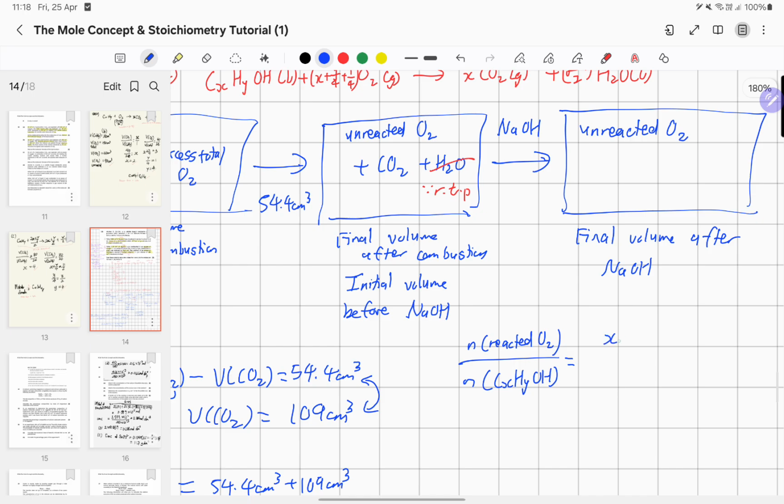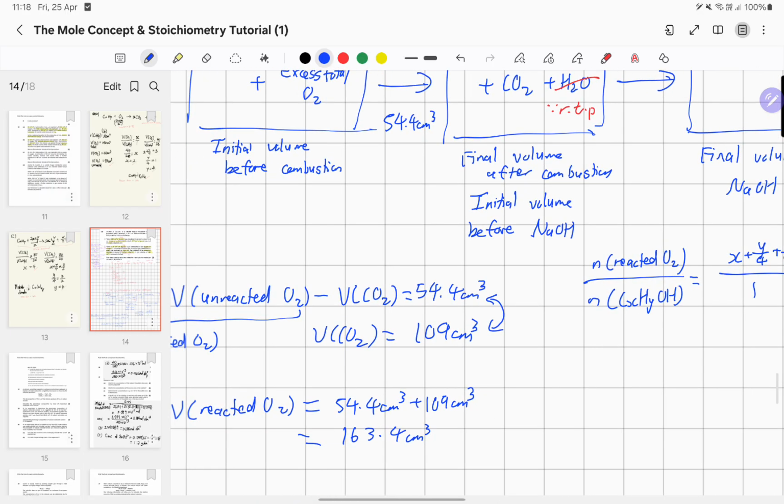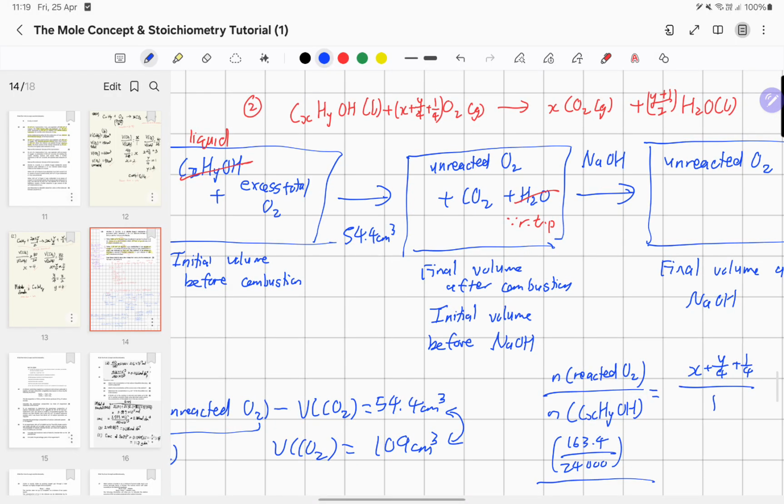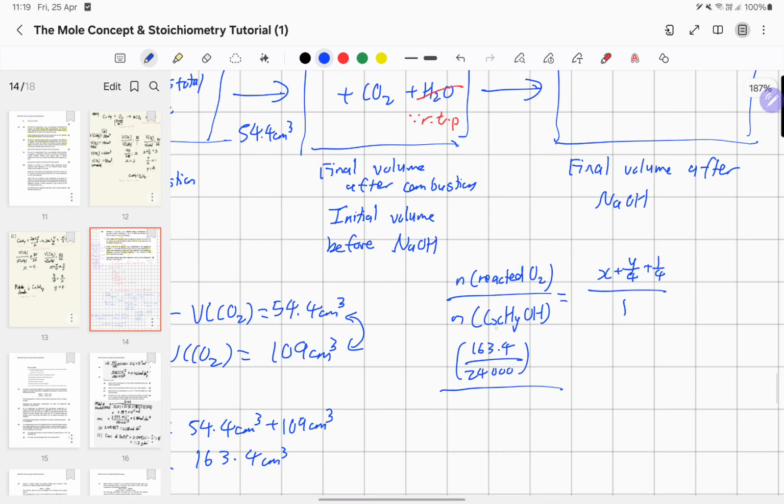So x plus y over 4 plus 1 over 4 over 1, and for the reacted O2 you have to take 163.4 over 24,000, over this nCxHyOH. You must be wondering how do I find this?